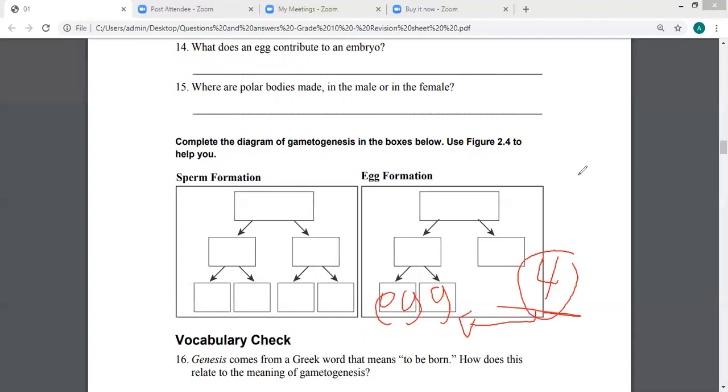Why is it only 2? Yeah, 4. Wait for me, I will explain it. But in case of female, as we know, they already have their eggs. Just 1 egg from each 4 is used, and the other three will be polar bodies.